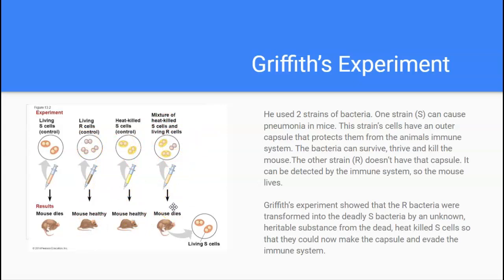And when they actually took a sample, they found that somehow there were now these living cells. Living smooth cells. We didn't inject any living smooth cells. We injected dead smooth and live rough. What? So what they found is somehow the bacteria was transformed. This R rough bacteria was transformed into the smooth bacteria. So what was it that did the transforming?